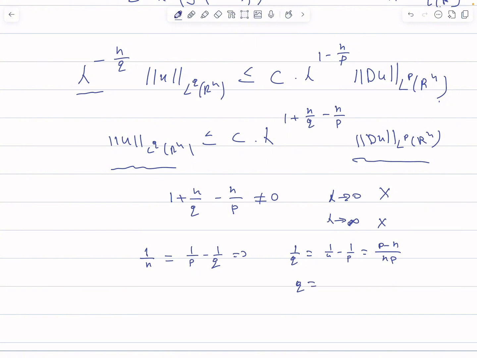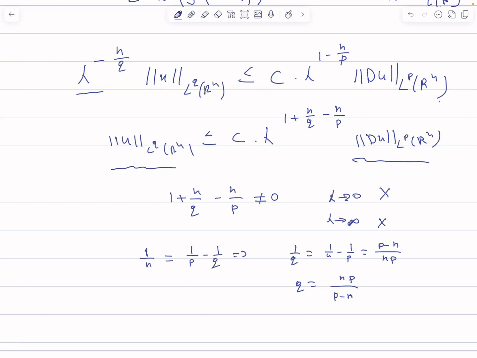So q should be np divided by n minus p. Sorry, where did I make a mistake?